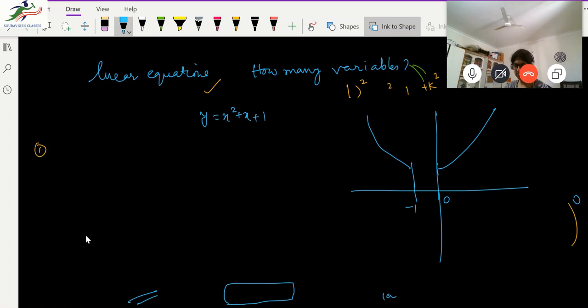So think of this as ax square plus bx plus c, right? What are the values of a, b, and c here?